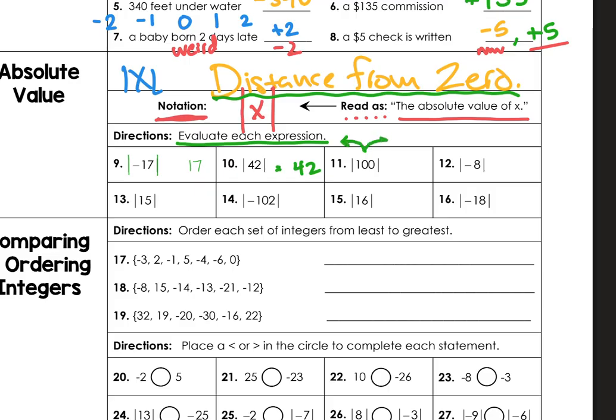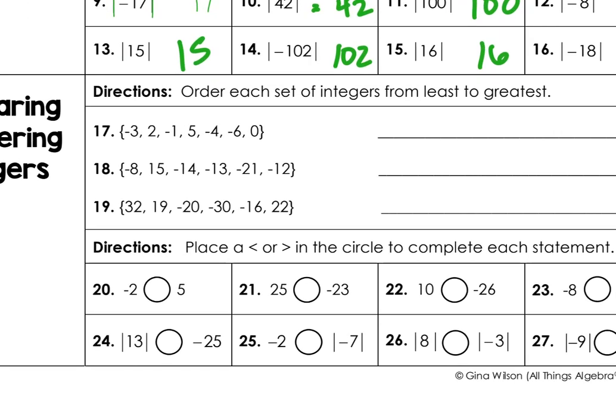If you're 100 feet in that direction, and let's say that would be the negative direction, well, then you're still 100 feet away. So I'm answering these very quickly because it essentially does make them positive. But again, it goes back to this concept right here, okay? Down here, we are going to reorder these from least to greatest.